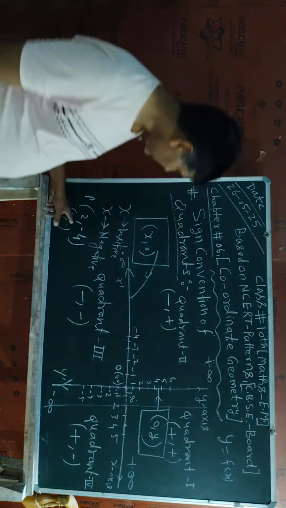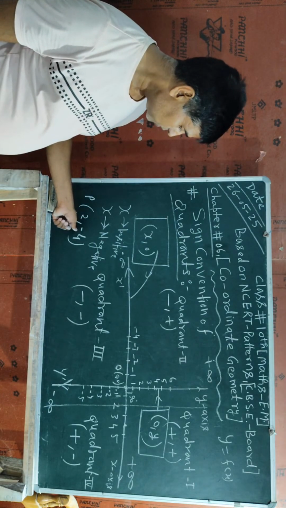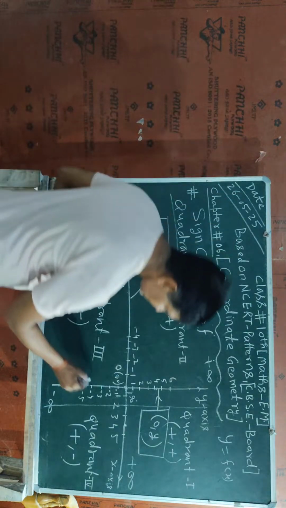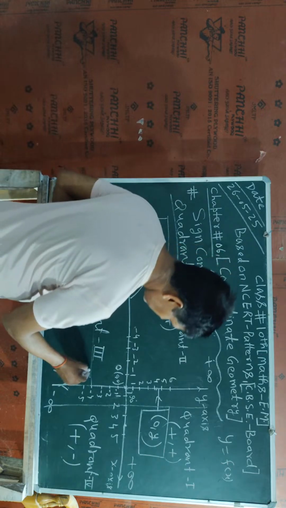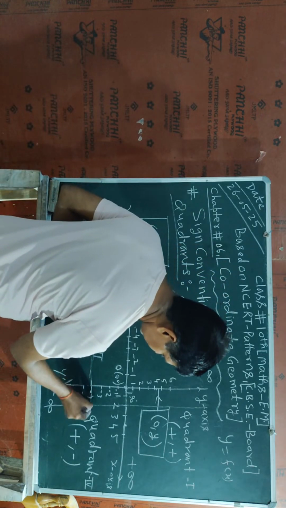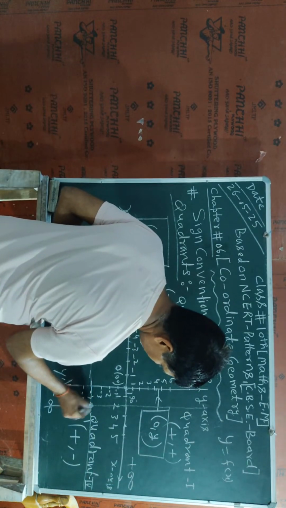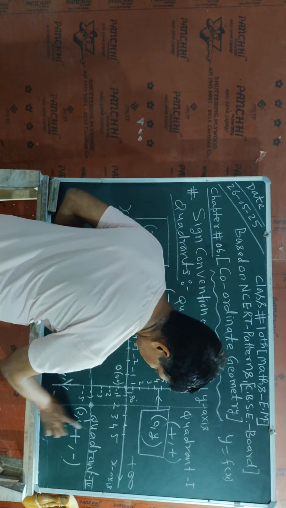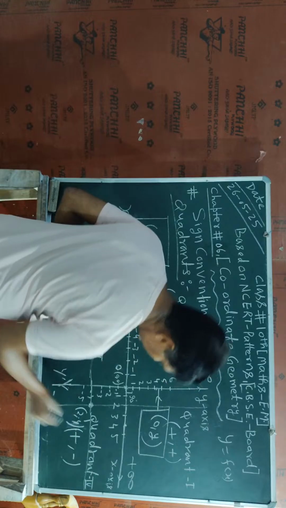I will also draw a line parallel to the x-axis at minus 4 from the origin, and that line will cut the previous line. This is the point, and its coordinates are (2, -4). In this way I can represent the given point in the quadrant.